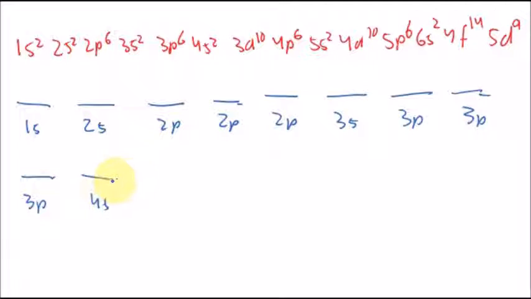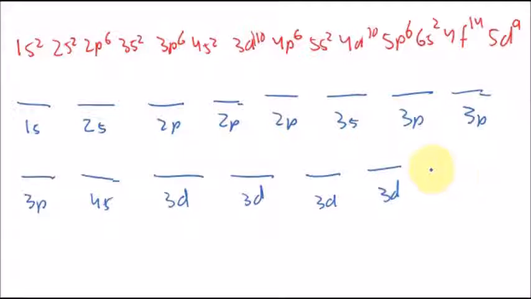And then we go to 3d. In the 3d sublevel, we're going to have 5 d orbitals, so 1, 2, 3, 4, 5.